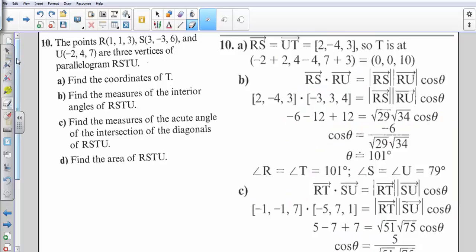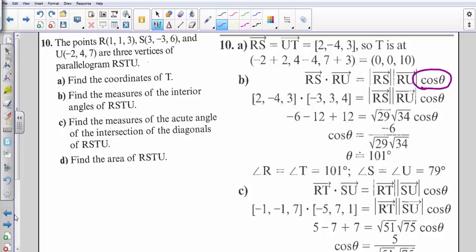Now, once we know that, I think the rest of these are not going to be bad for a full solution. We want to find the measure of the interior angles. So the one thing to note here is the dot product formula gives us a way to calculate an angle between the tails of two vectors.